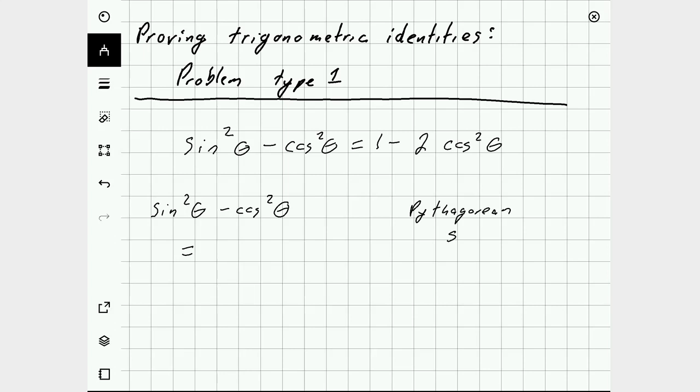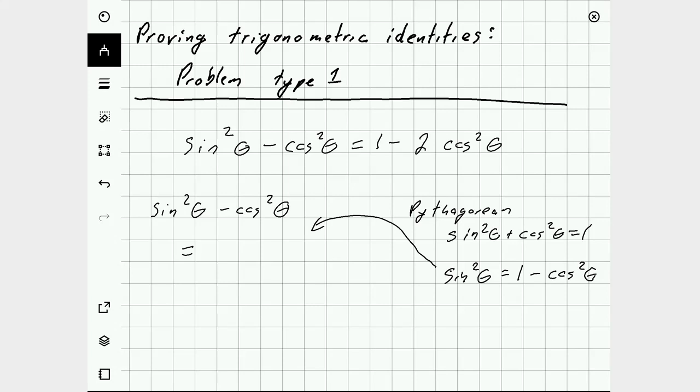Instead of using it in the normal form of sine squared theta plus cosine squared theta equals 1, I'm going to rearrange things a little bit and solve that for sine squared theta is equal to 1 minus cosine squared theta. And then substitute that into my expression over here.